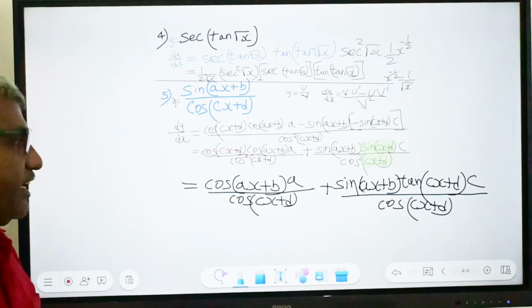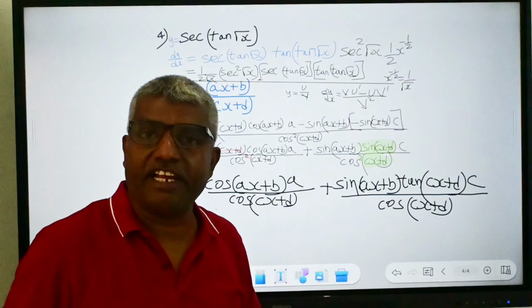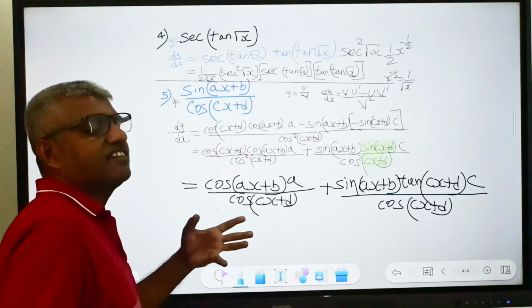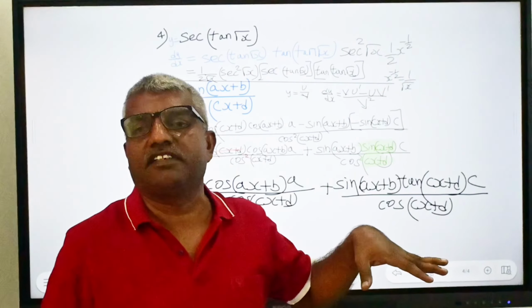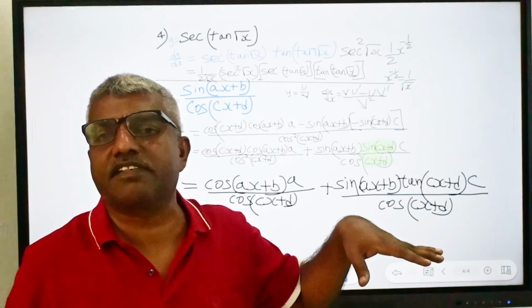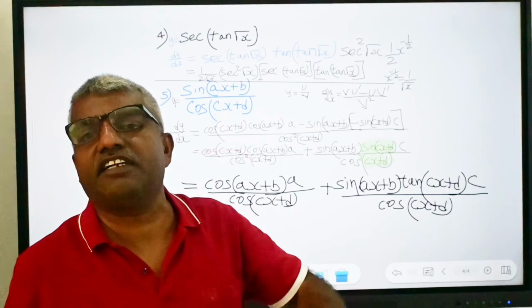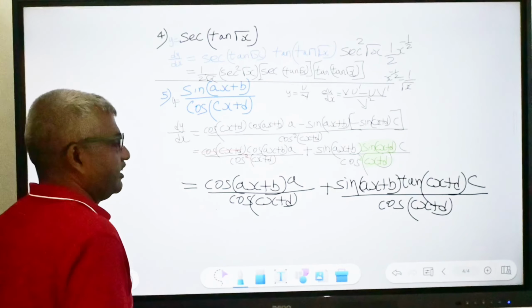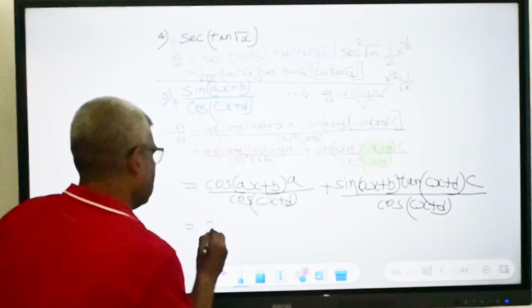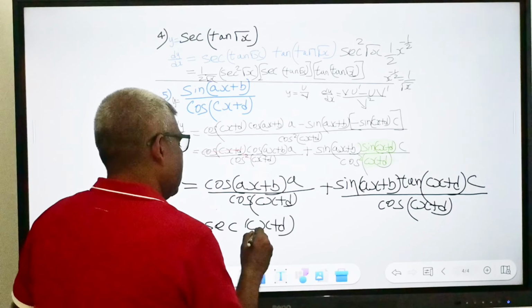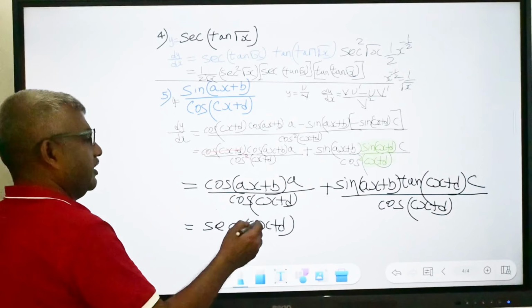We simplify it as much as possible. Still we can. Cos cx plus d is in the denominator. What is 1 over cos x? It is secant x. 1 over cos cx plus d is secant cx plus d. Take it out. Secant cx plus d, this is going up.